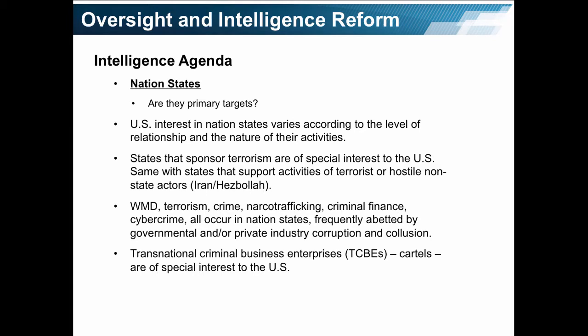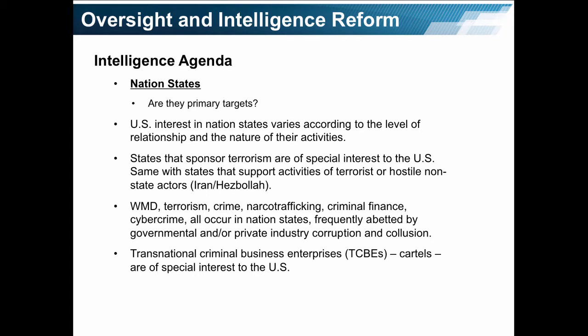States that sponsor terrorism are of special interest to the US, as are states that support activities of terrorist or hostile non-state actors, such as Iran and its sponsorship of Hezbollah. WMD, terrorism, crime, narco-trafficking, criminal finance, cybercrime, all of these are activities that take place within nation states.